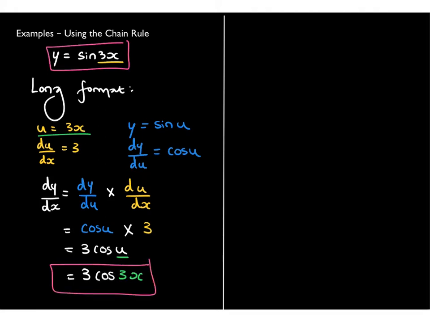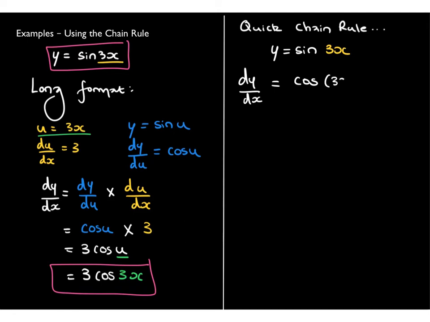Can you see how we could have done this using the quick chain rule? So we're starting with y equals sine of something, sine of 3x. So we know that a sine function differentiates to a cos function, so this will differentiate to cos of 3x. But what do we need to do? We need to multiply by the derivative of the inner function, which is 3.